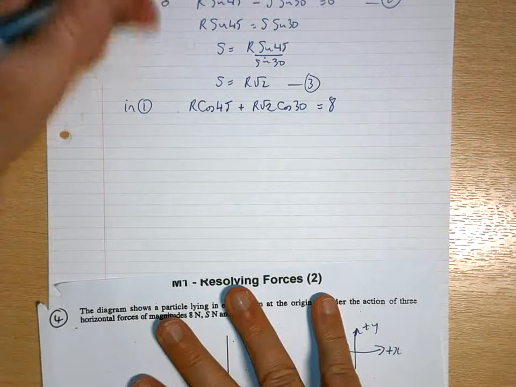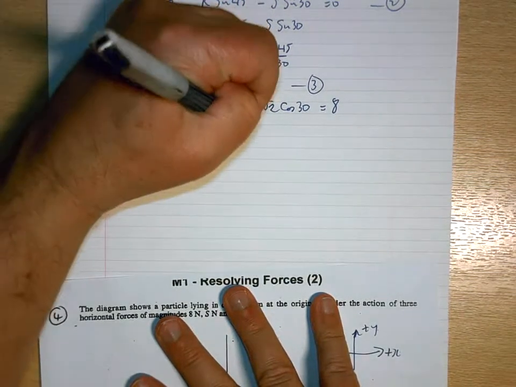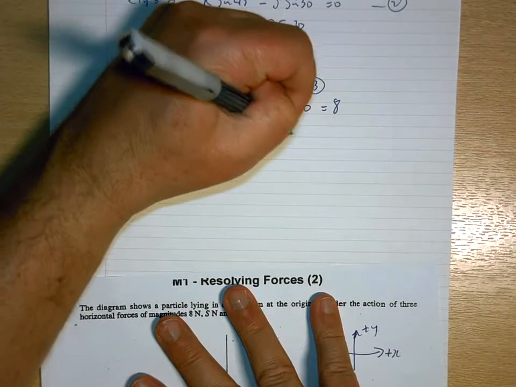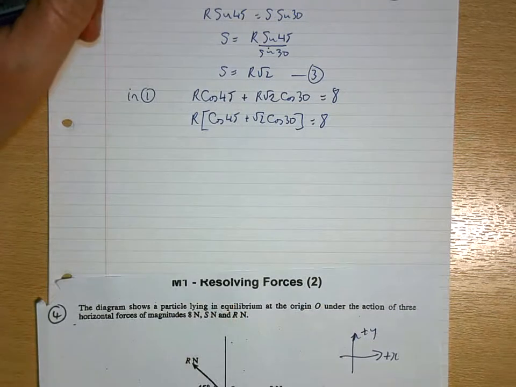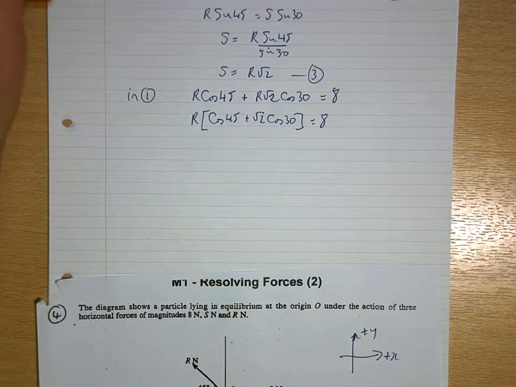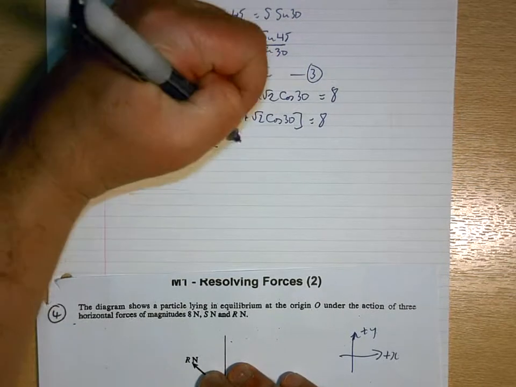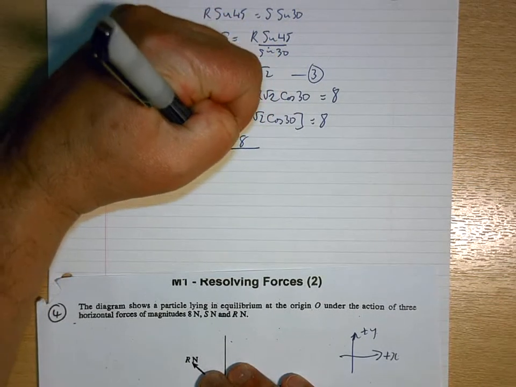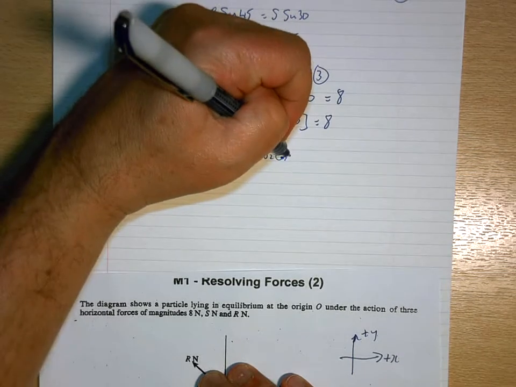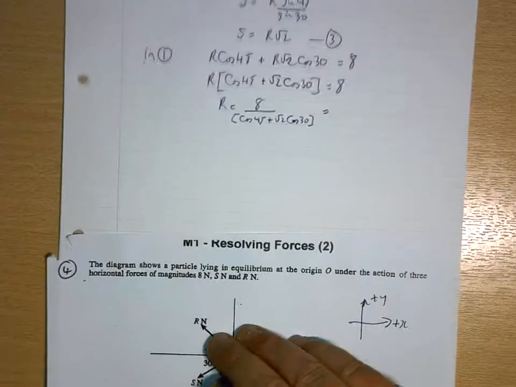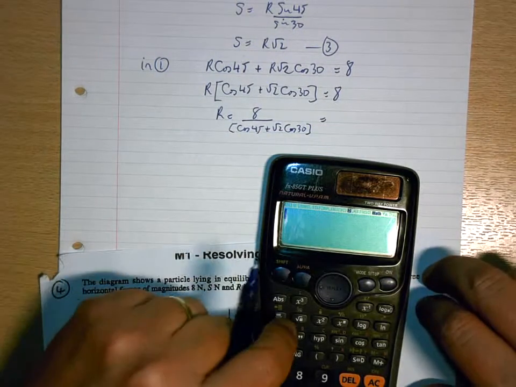Take the R out as a common factor, equals 8. So to get the R on its own, I need to divide by all of that, which I can just do on my calculator.